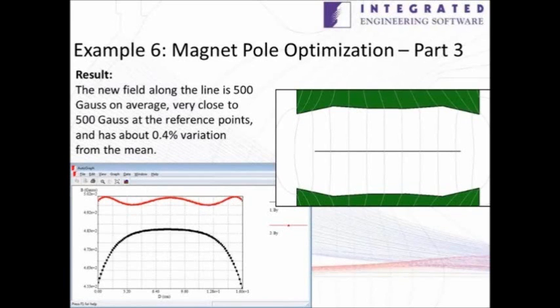So this project was successful in its goal of making the average 500 and reducing the spread of the B field, but of course whether this is good enough for the application intended would rely on the application.